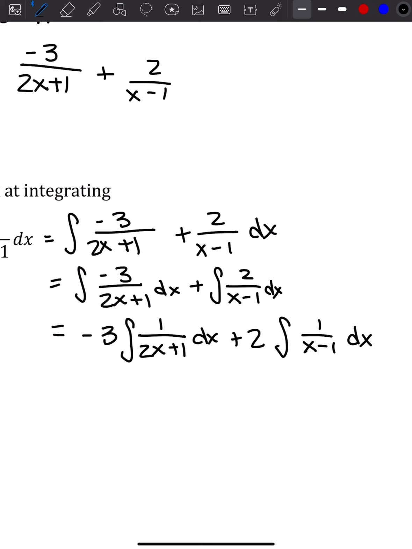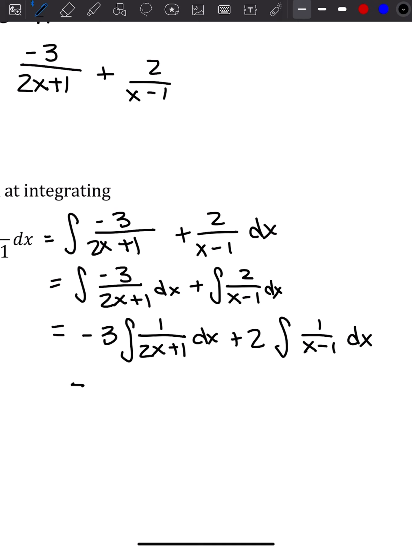Whenever I see 1 divided by something to do with x, or just a fraction in general, I want to think about natural log. So if I were to make u 2x plus 1, the derivative of that would be 2, which means I'm missing that factor of 1/2.